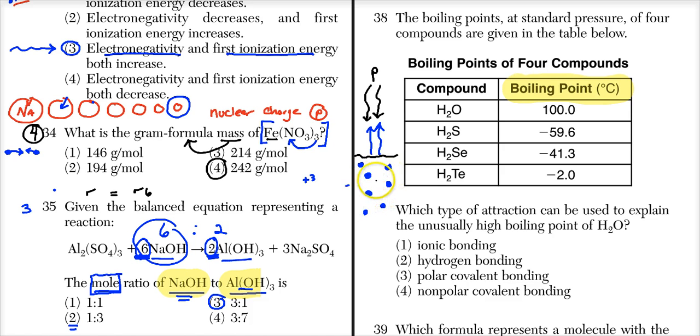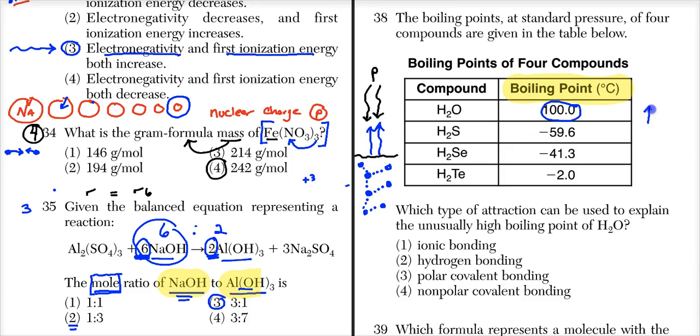If I have strong attractive forces, which are denoted by little dots, not dashes, to show that these are not bonds, it's hard to remove the molecules from each other. It's hard to separate them, and you'll have a higher boiling point.